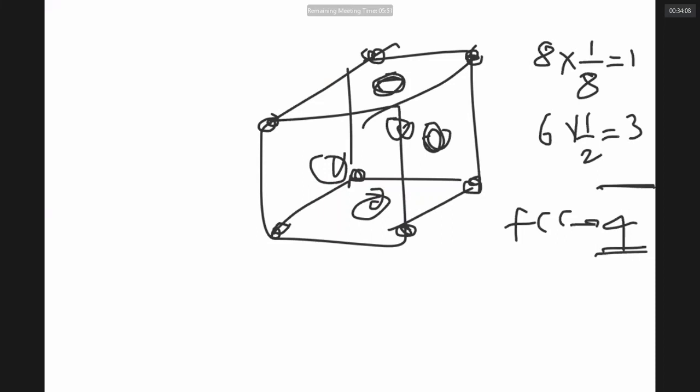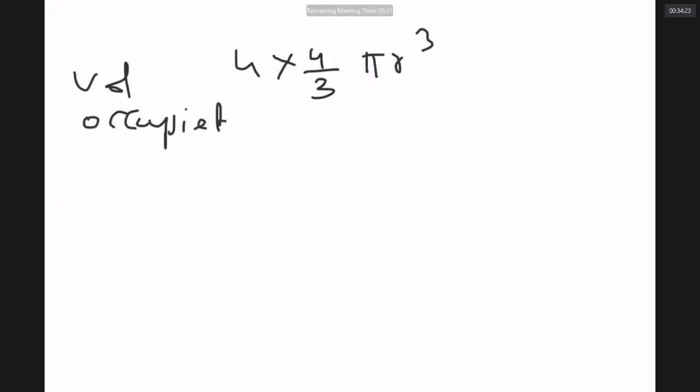So volume occupied by 4 particles is 4 into 4 by 3 pi r cube. Volume available is equal to A cube. But what is A equal to? We have seen that root 2A is equal to 4R.